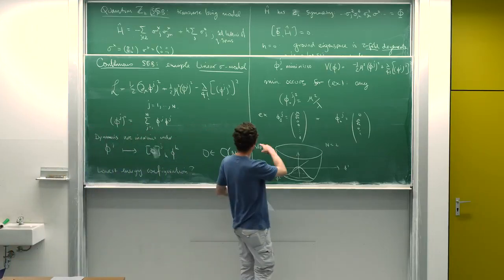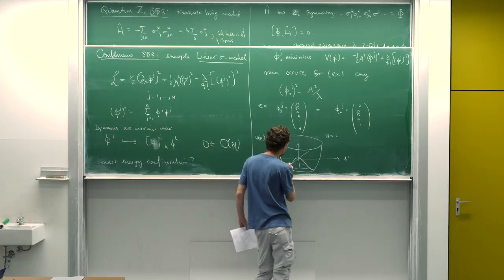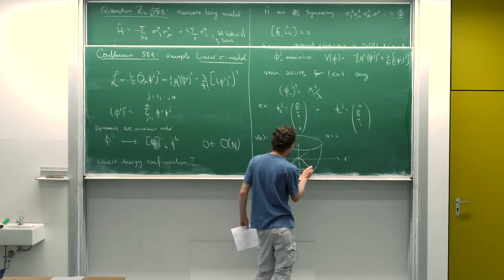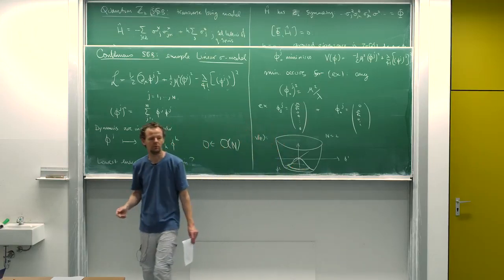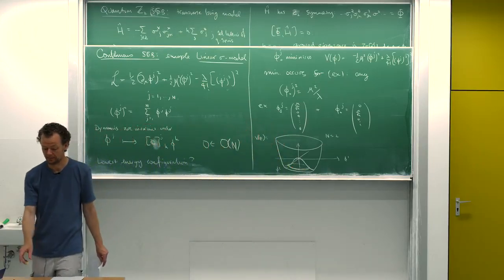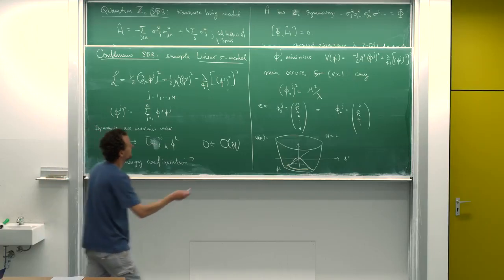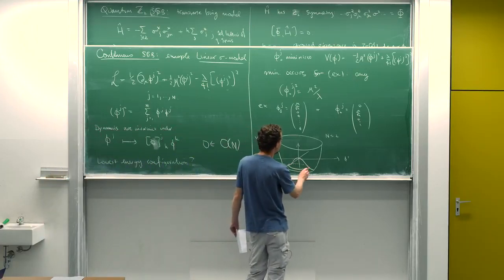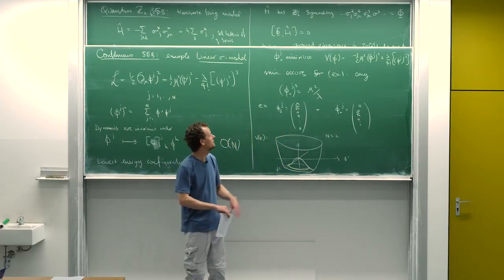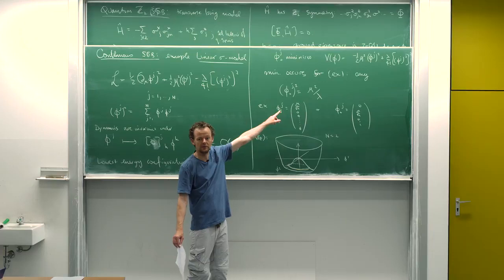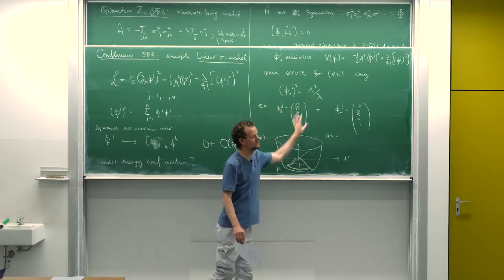So the minima of the potential V, there's not just one minimum, there's not just two minima, there's actually a continuous set of minimum points at the bottom of this potential. And any configuration of the fields that lies on this circle here for the n equals 2 case is a lowest energy configuration for this field theory. Easy peasy, right?